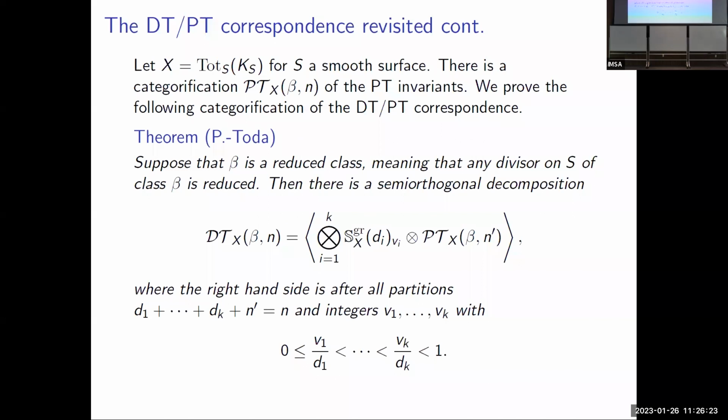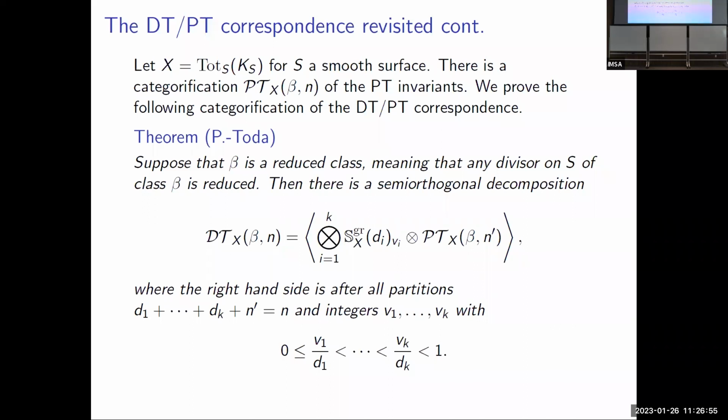But of course, as I mentioned, there are some technical difficulties involved in just starting the problem, defining these DT and PT categories. We will also want to push forward stable pairs from the threefold onto the surface, and still have them stable. So then we need to impose some conditions on beta as well.